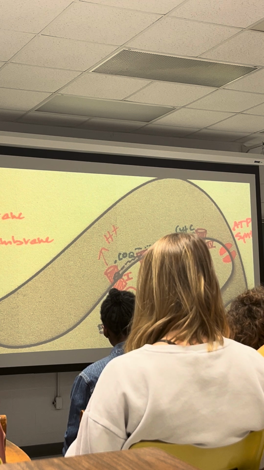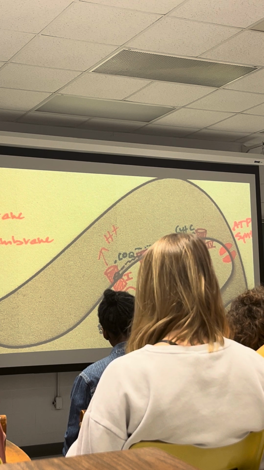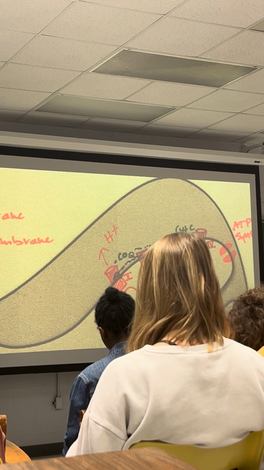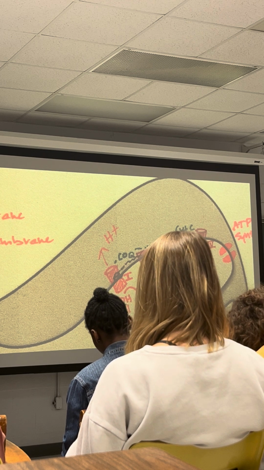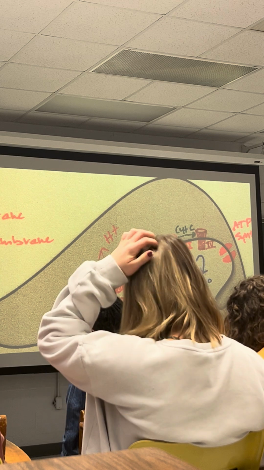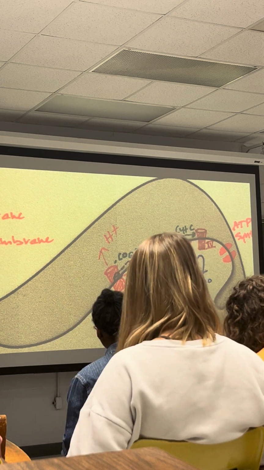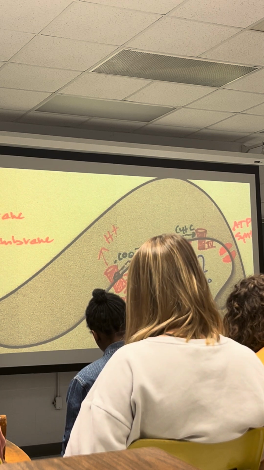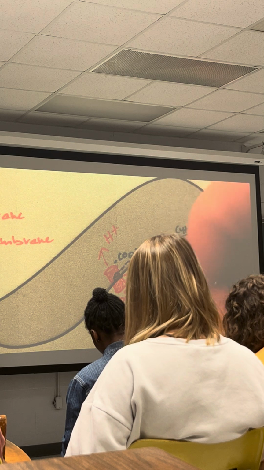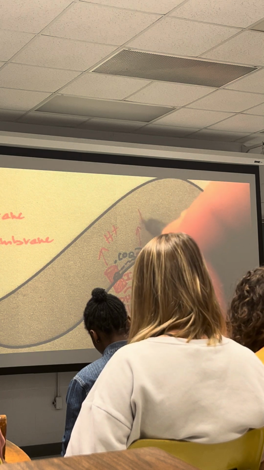Complex 2, we do the same thing, but with a different molecule. FADH2, also our electron taxi. We're gonna take hydrogen from it, we're gonna take electrons from it. We oxidize it back to its original state. And we're gonna see here, we also pump hydrogen.